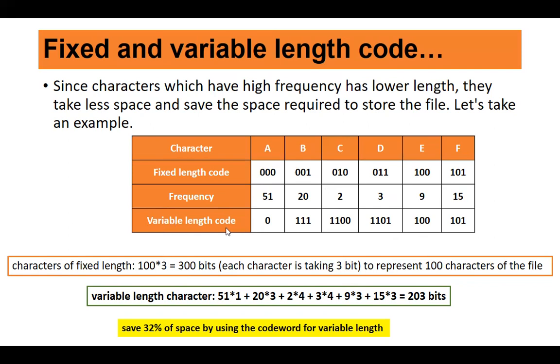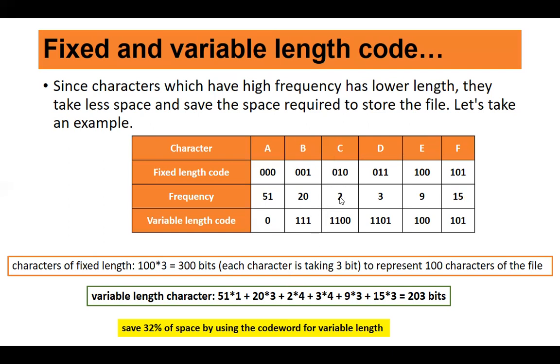Similarly, if you are using a variable length code, how do you calculate? A is appearing 51 times, so it will be 51 into 1, since the size of the code length is 1. And B is appearing 20 times and its code length is 3, so 20 into 3.